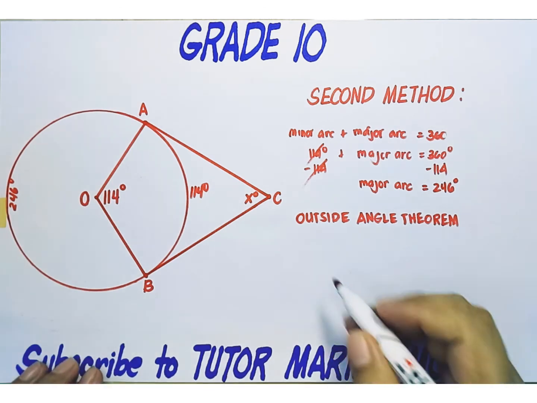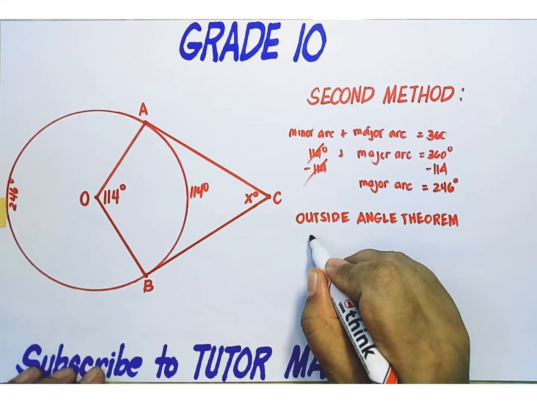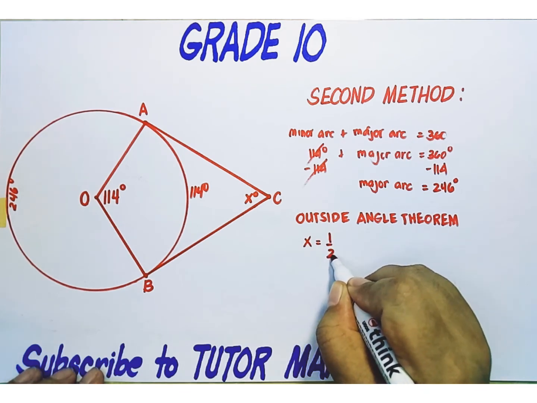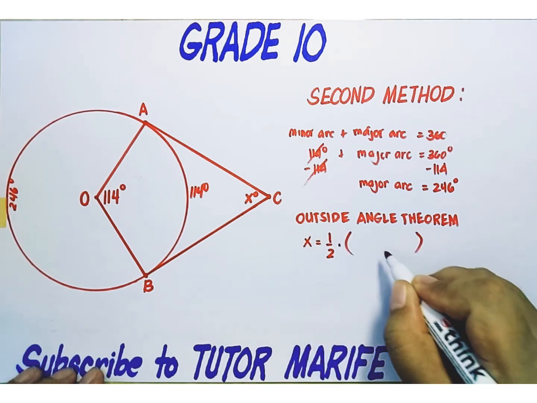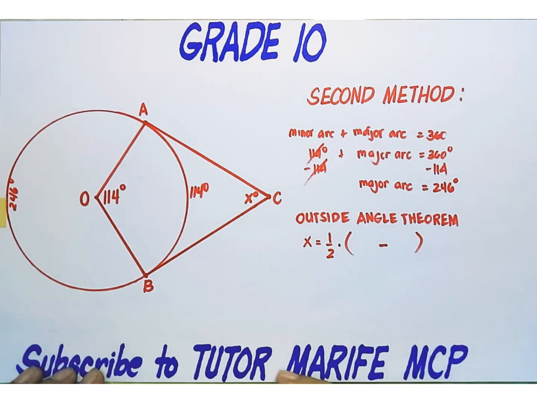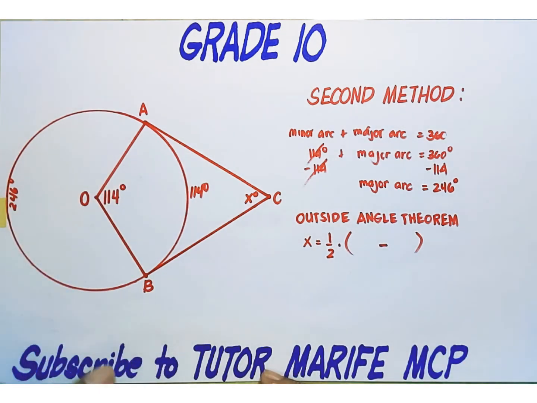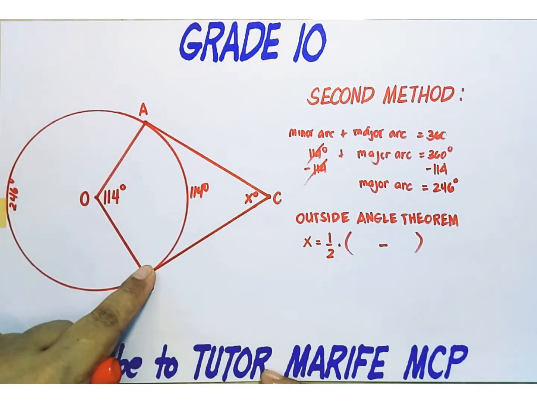Let's write our equation. By outside angle theorem, x is equal to 1/2 times the difference between the measures of the intercepted arcs. The intercepted arcs are the major arc and the minor arc.